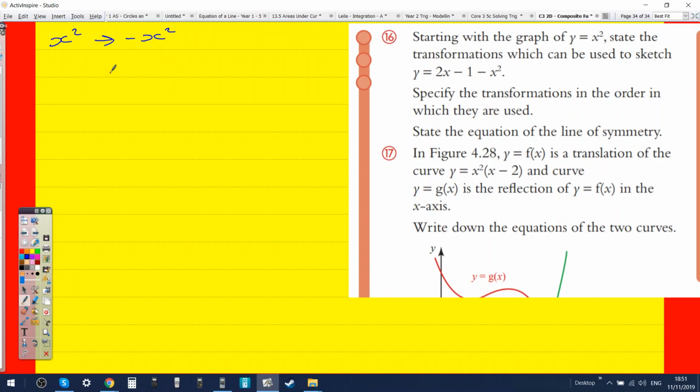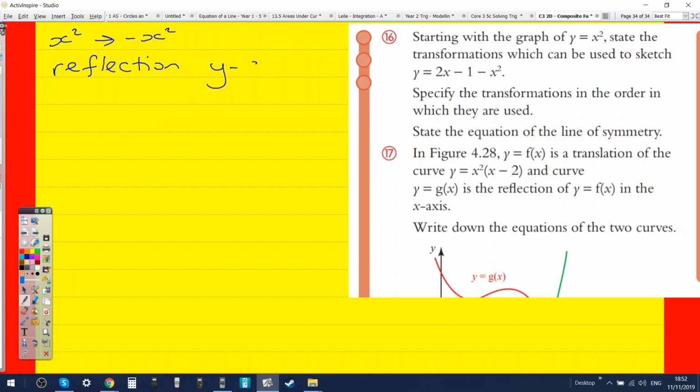It gets stretched parallel to the x direction, scale factor minus 1. And there's a very special type of stretch if you stretch it by minus 1. That's called a reflection. And if it's parallel to the x-axis, then that's a reflection in the y-axis.